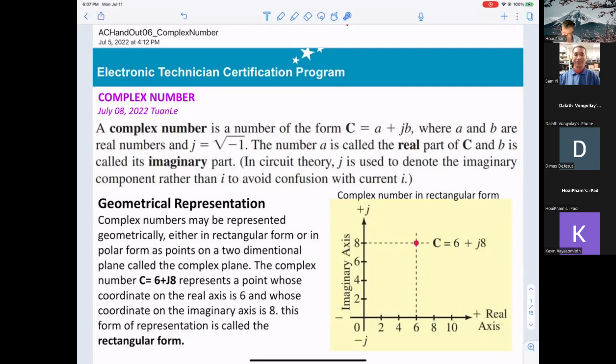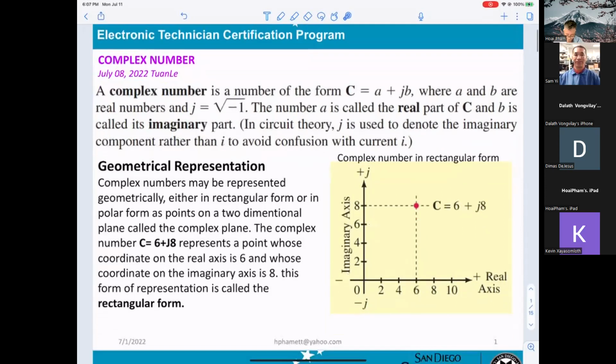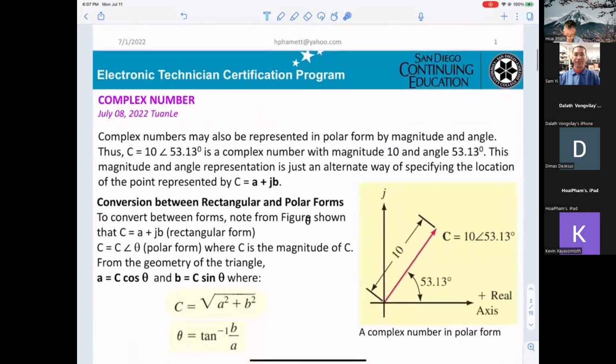So if you get any point in here, it could be 6 plus J4. Okay, any question on this part here? Anything confusing, just let me know.